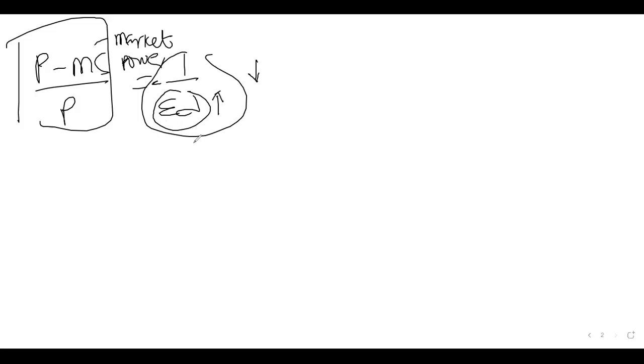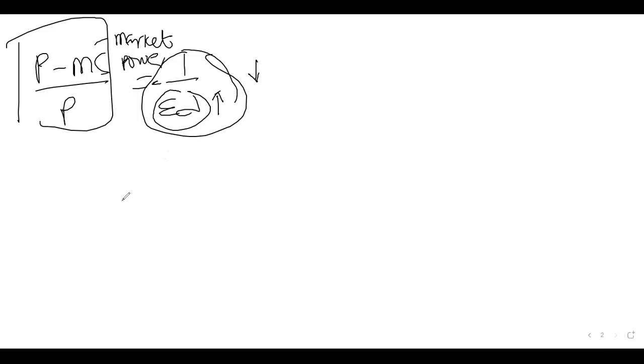And if elasticity of demand is increasing, it means that we are approaching elastic, or going to the elastic zone. So in a nutshell, if this thing here represents market power, it means that the more elastic a product is, the lesser the market power of the firm. And the less elastic a product is, the more the market power of the firm.